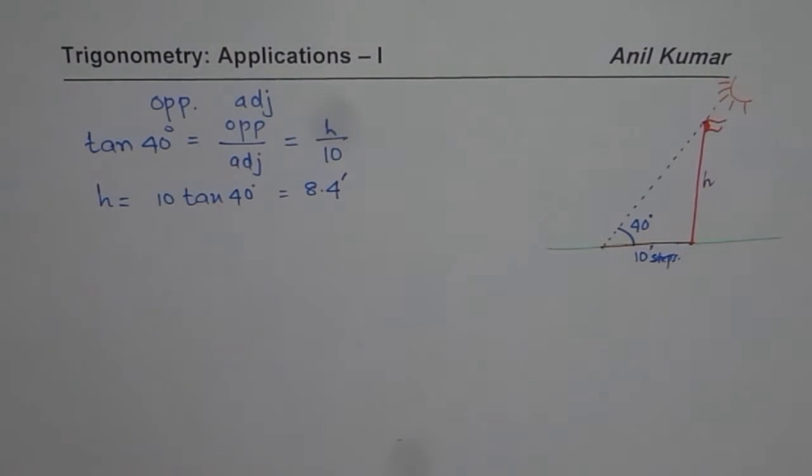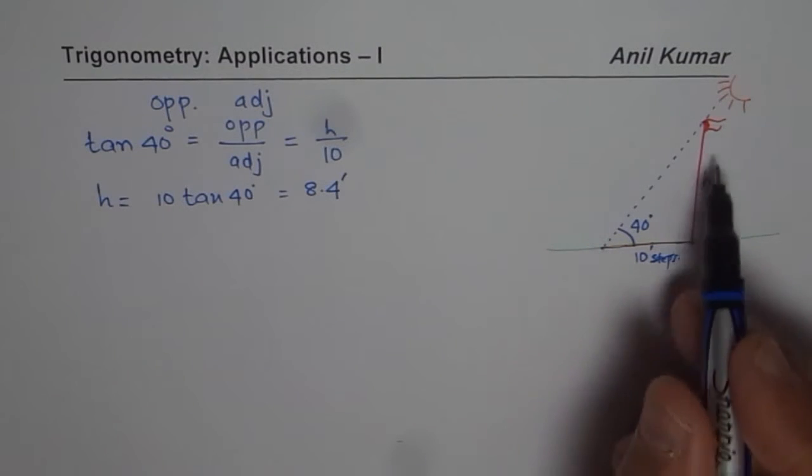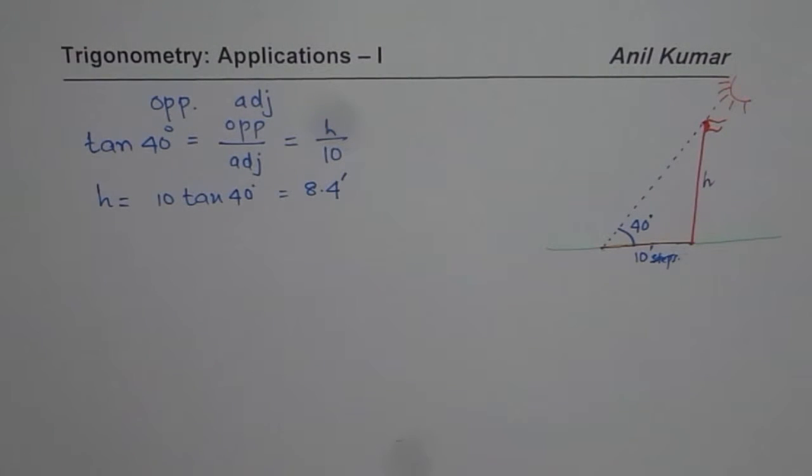Normally we don't use feet in our units, but since I started with steps, let's use them. So it is 8.4 feet for us. That is 10 feet, and the height is 8.4 feet. It doesn't look like it, but we just estimated that angle to be 40.